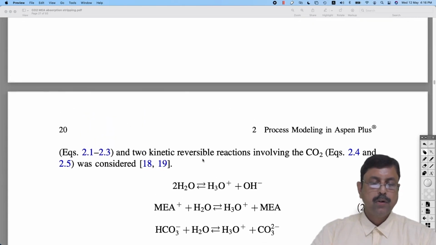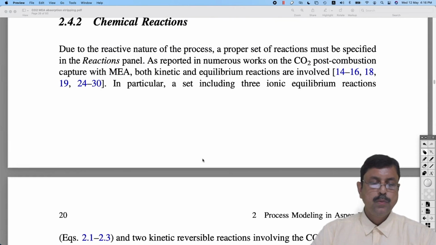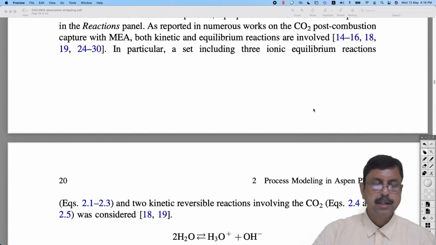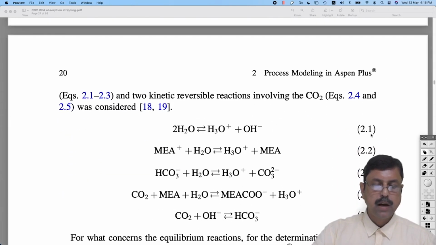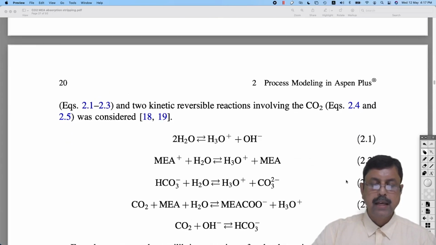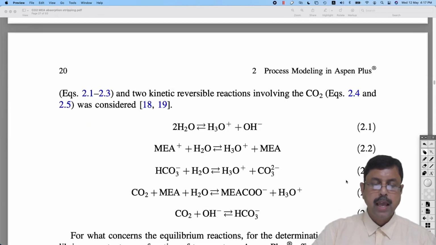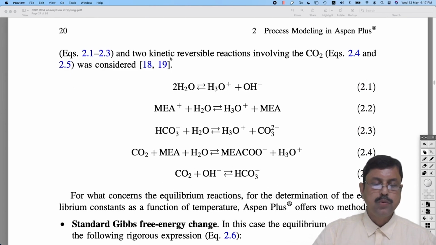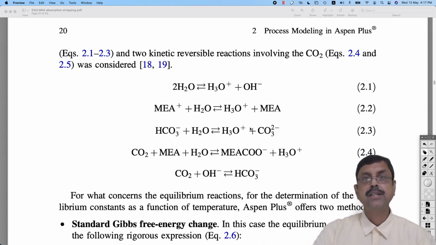Okay. So altogether, we will have a set of 3 ionic equilibrium reactions. That is reaction 1, 2, 3, 2.1, 2.2 and 2.3. These are ionic equilibrium reactions, and there will be 2 kinetic reversible reactions involving CO2. So we will have these 2 kinetic reactions and these 3 ionic equilibrium reactions which we have to insert in the reaction list.